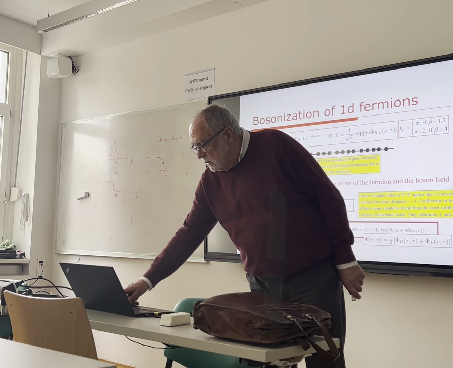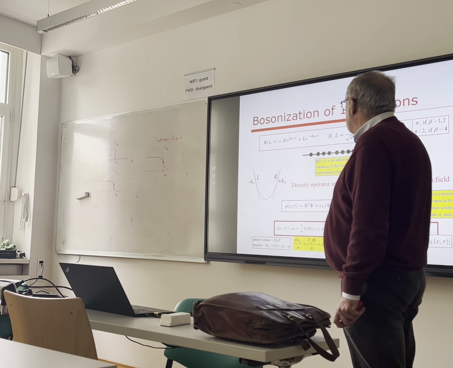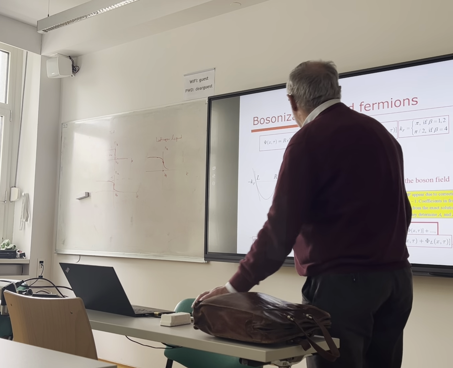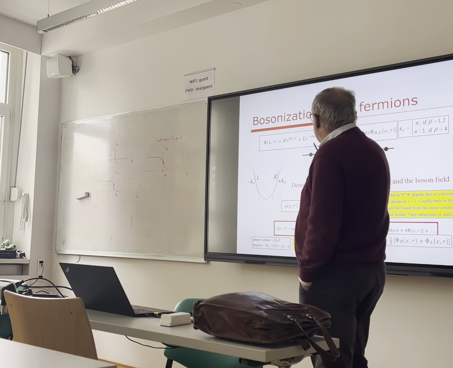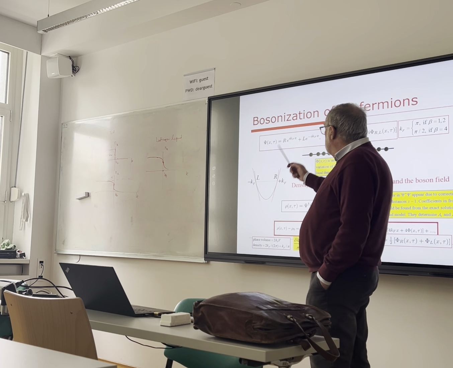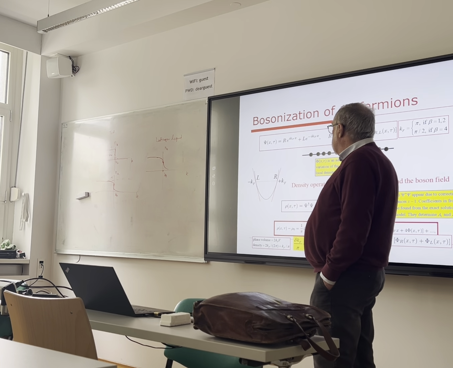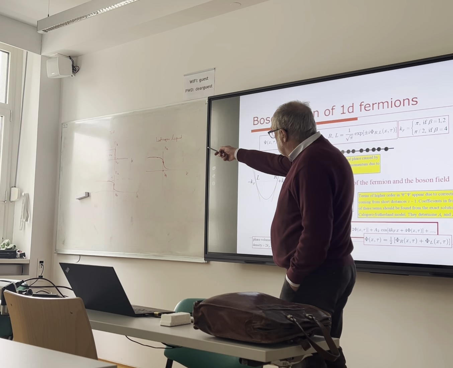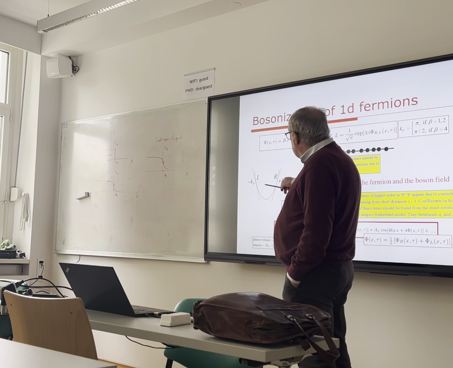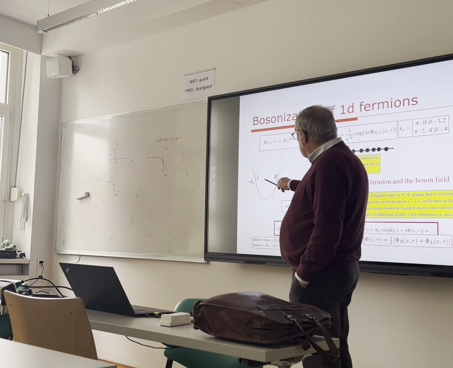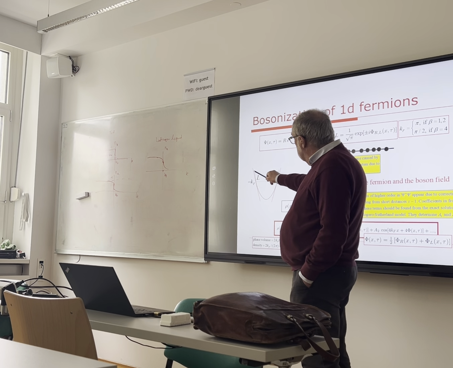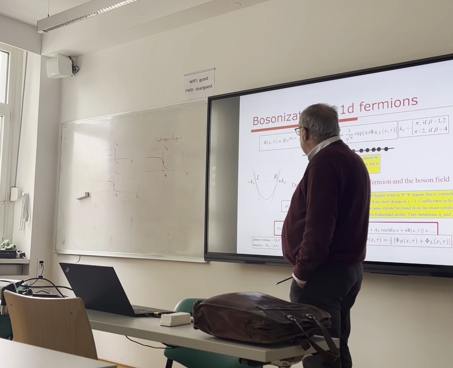Now I'm starting the computing. In the beginning, what did we have? We had fermions. And as I told you, there is a Fermi momentum. There is some dispersion relationship, let's say quadratic, for the fermions.